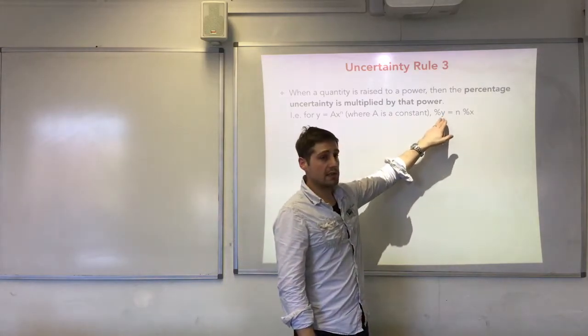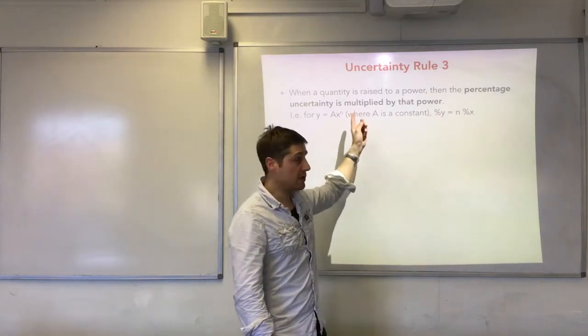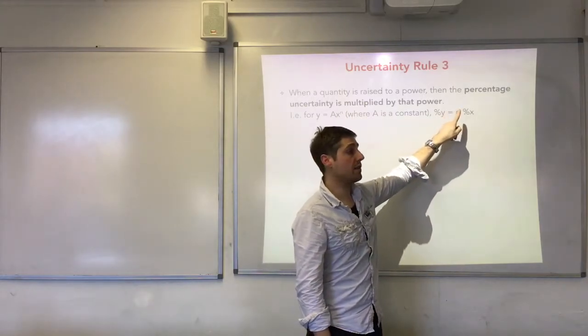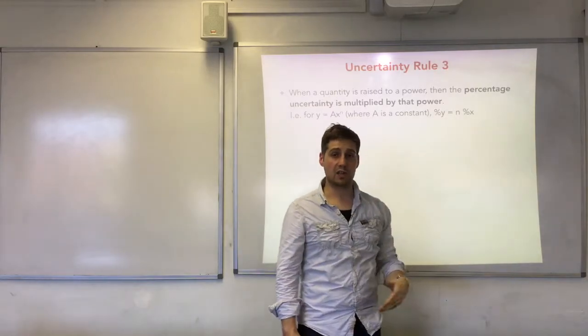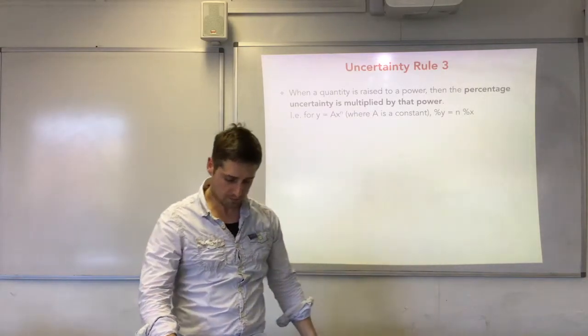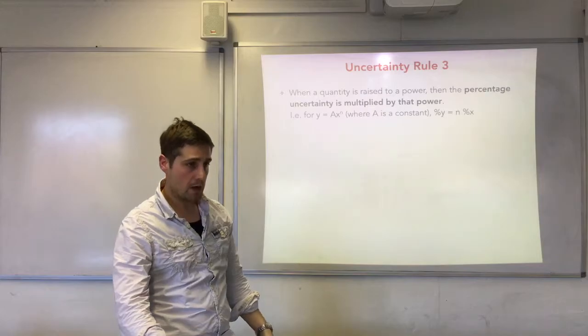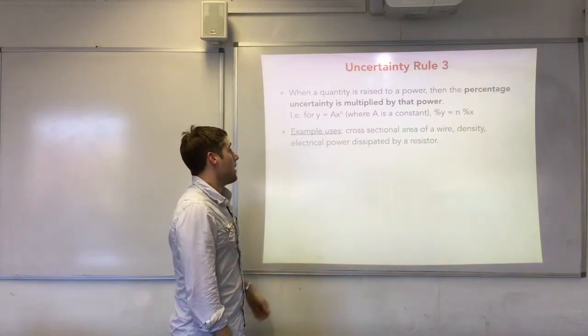Then the percentage uncertainty in y, and x is my measurement, the percentage uncertainty in y is n, which is the power there, multiplied by the percentage uncertainty in x. Hopefully an example will clarify that.